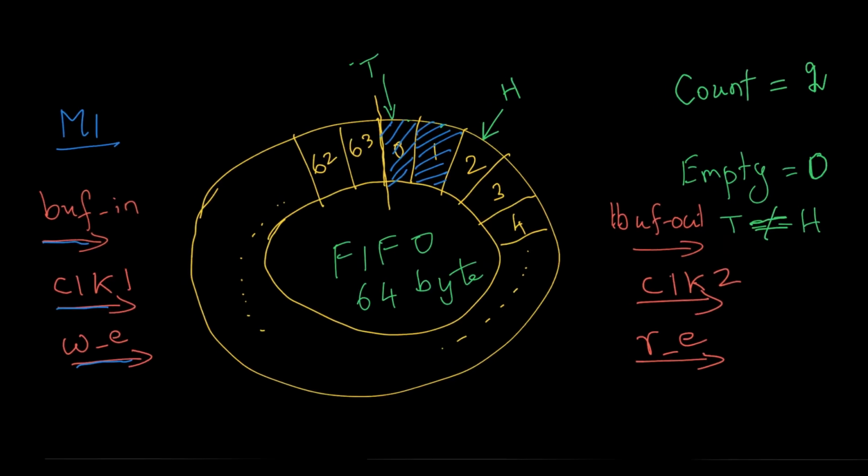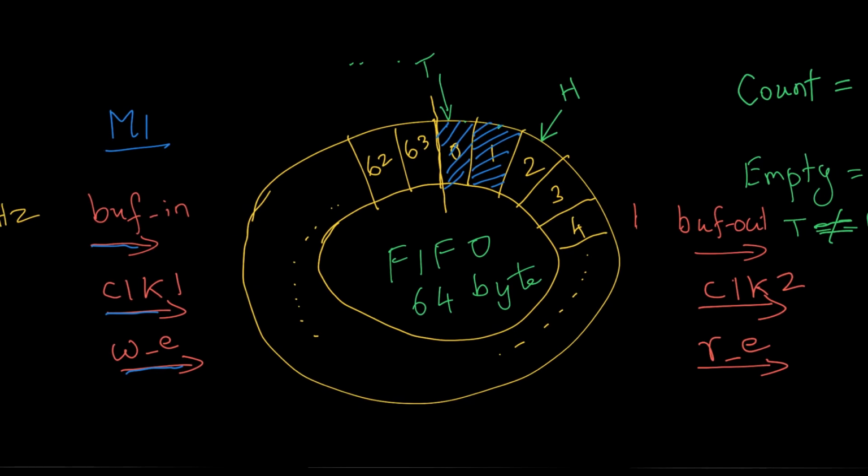Let's say M1 writes 2 more bytes. Then address 2 will be filled, and also address 3, so your head will now point to address 4.